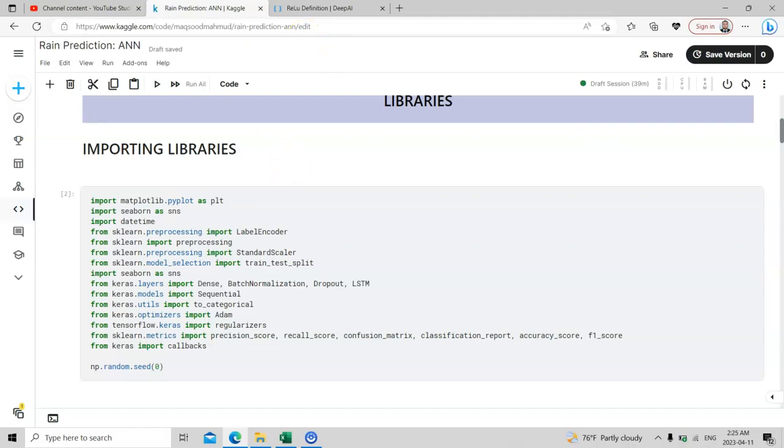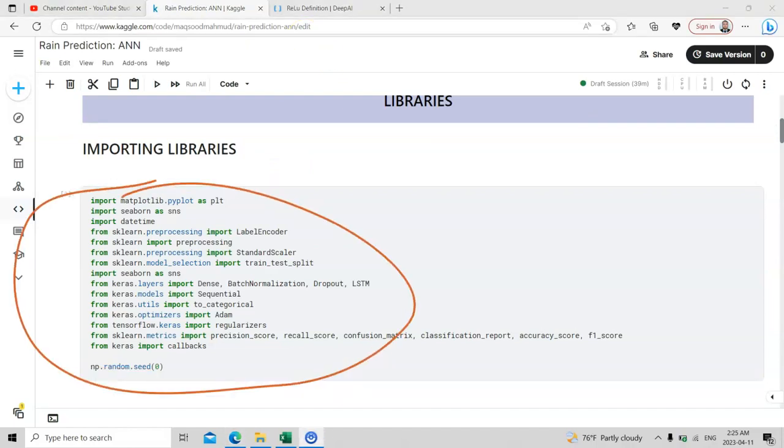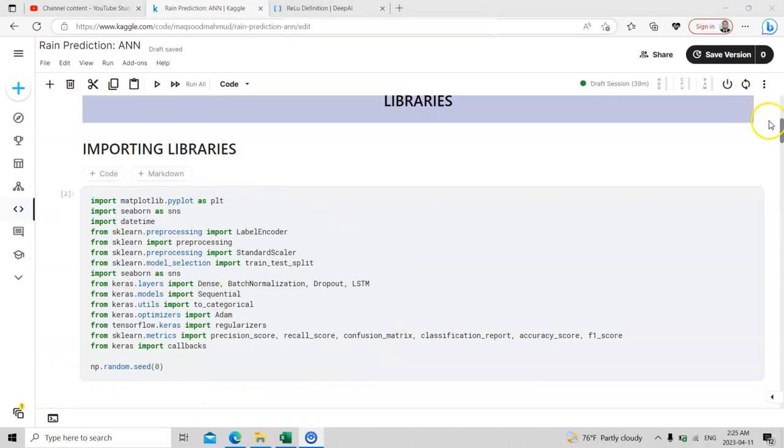These are the libraries used for the ANN. The especially important libraries are sklearn and Keras, which is also a very important library for ANN. These two libraries are the most important ones used here in artificial neural networks.